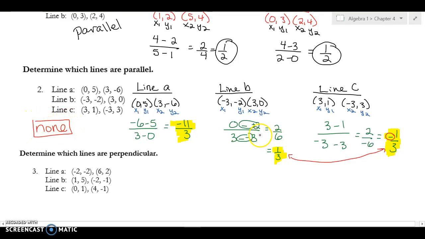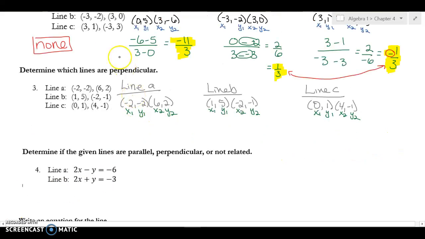So for number 3, you're going to do the same thing as number 2. You're going to set up by finding the slope of each, and then we're going to discuss which ones are perpendicular. Let's change color pens. Again, I have to find the slope of each one, so it's 2 minus -2 over 6 minus -2. That becomes 4 over 8, which reduces to 1/2.